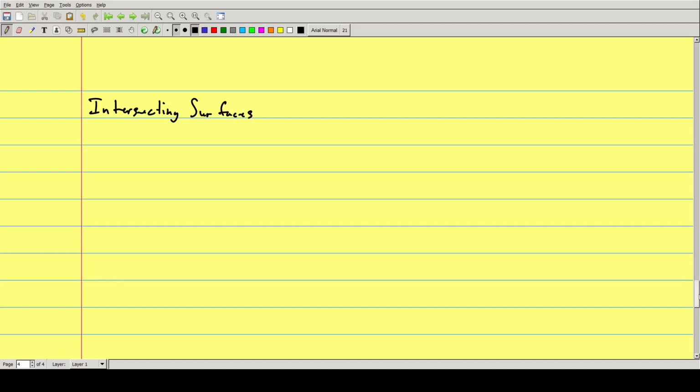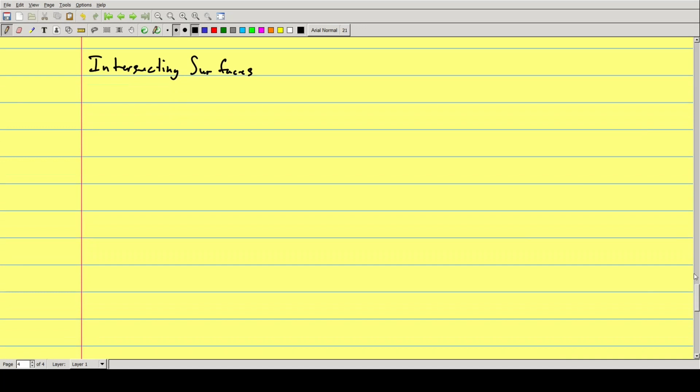For an intersecting surface, the idea is that we're given a couple of equations. Say, and this is in 3D, of course, we have x squared plus y squared equals 4, which is a circular cylinder of radius 2 that's vertical. Okay, and then we can also have a parabolic cylinder.